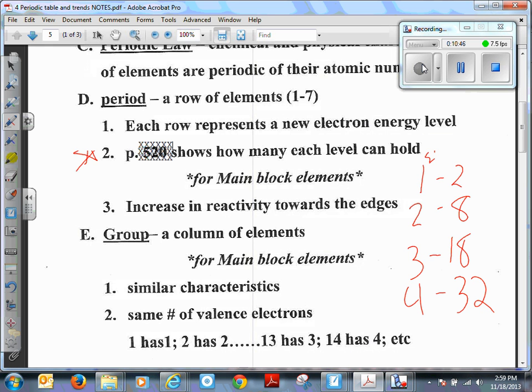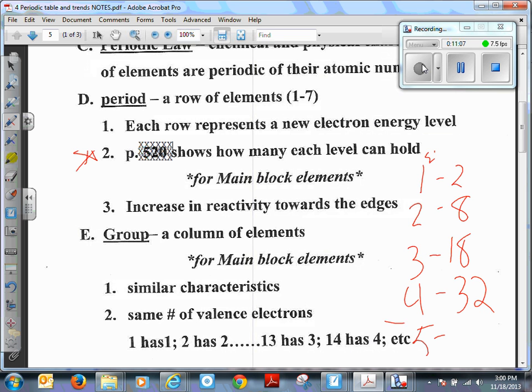After that it becomes a little vague because we haven't had elements that needed to be defined by more. We do actually have 7 energy levels that we use to define elements, but the total number held by each becomes a little vague.